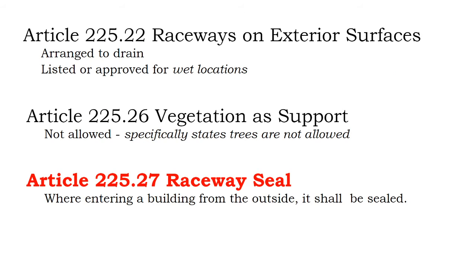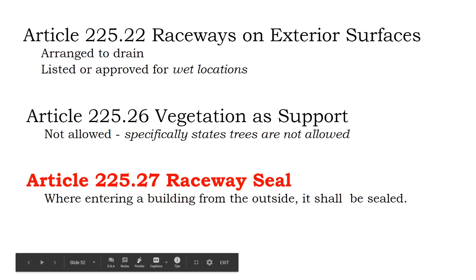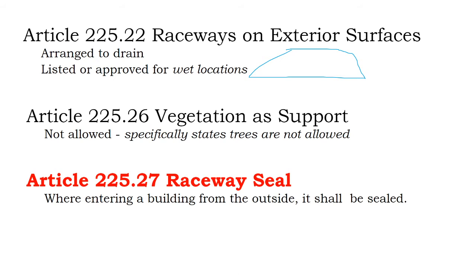So raceways on exterior surfaces need to be arranged to drain. That means, if you have solar conduit, here's your rooftop, and you have solar racking running across the roof east to west, how does that drain?